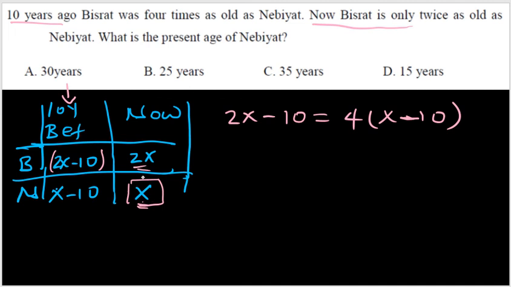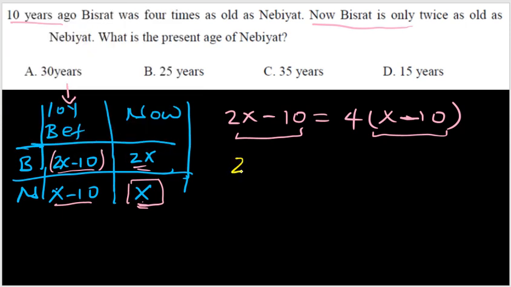But both of them, before 10 years, they will be minus 10, minus 10. So x minus 10 for Nabiat and 2x minus 10 for Busrat before 10 years. But the comparison before 10 years, Busrat age is 4 times. It says 10 years ago, Busrat was 4 times as old as Nabiat. So the Busrat age is 2x minus 10 and Nabiat age is x minus 10. So the Busrat age, which is 2x minus 10, is equal to 4 times x minus 10. Then let us process this.